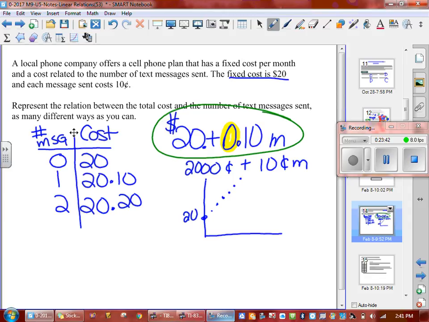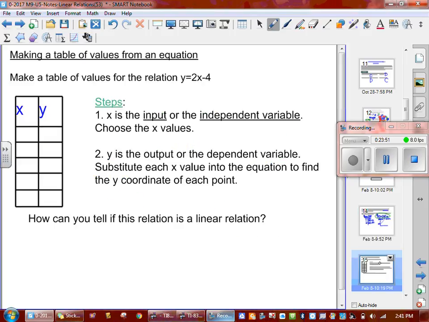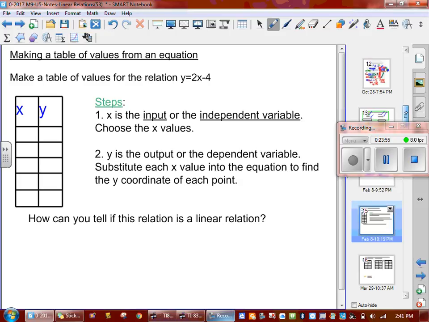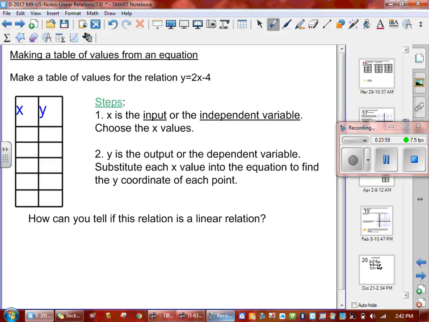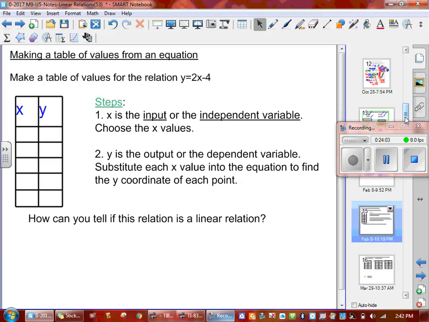Okay. Let's now deal with a table of values from an equation. If I take a look at the equation, the first thing I do is find the one with the letter x.